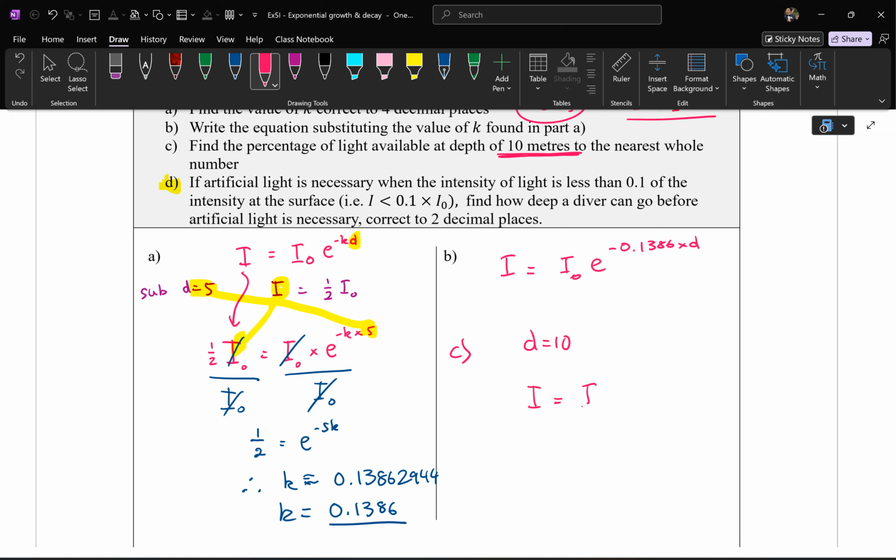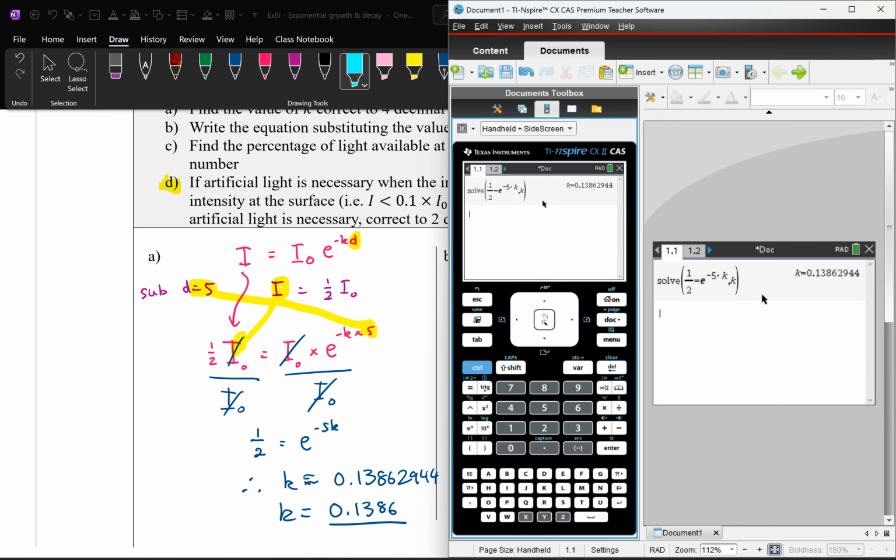I is equal to I naught e to the negative of 0.1386 times 10, because d is equal to 10. When you work out this value, which is this entire thing, e to the power of negative 0.1386 times 10, that will give you a value. But let's have a look at this value. So I'm going to go back here.